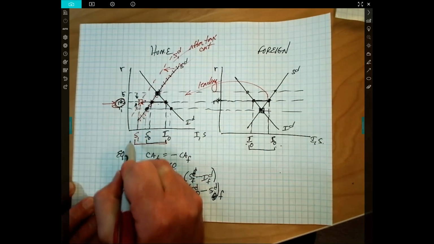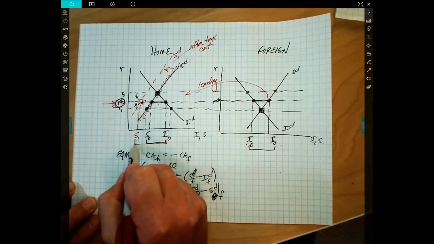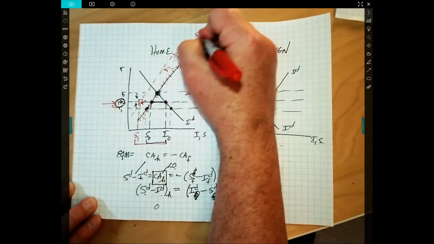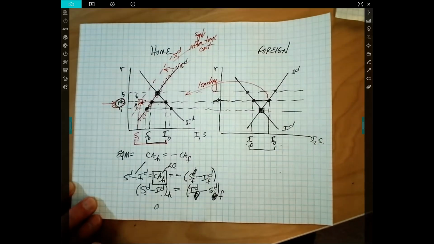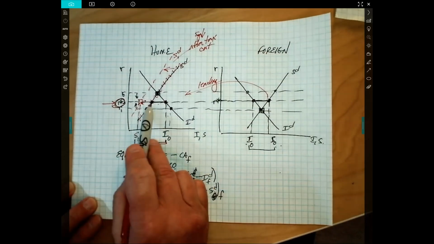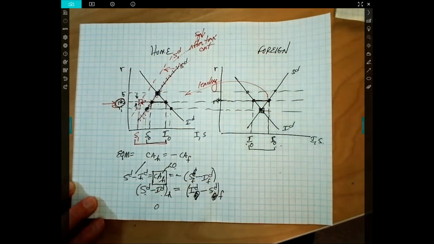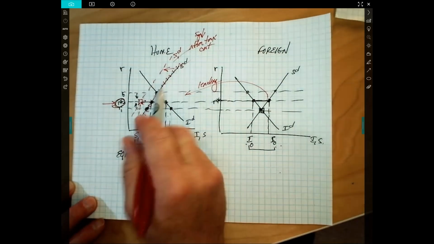But what's happened now? Desired saving has gone down because of the tax cut, because of government saving going down. They're going to sell treasury bonds, and that's going to suck up savings that's in the bank, because maybe they're going to make a higher return.